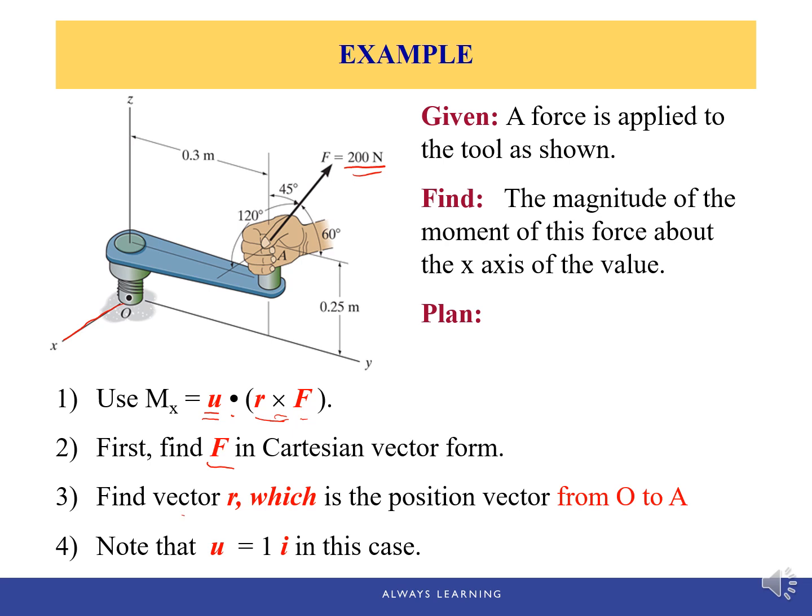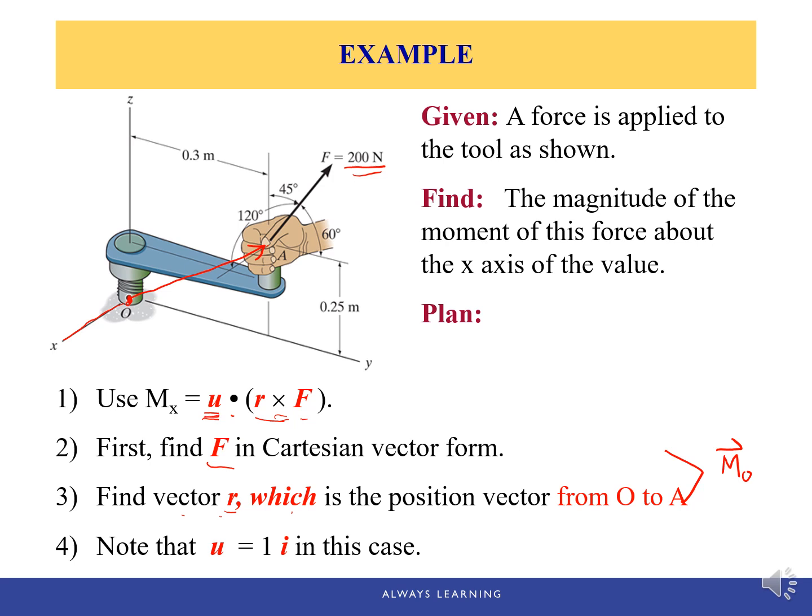We also need to find the position vector from the point O to any point on the line of action of the force, but currently we only know this point A. So for this R, we're going to choose ROA, which means we need to find the moment about a point on the axis. This point is the origin, since point O is at the intersection of the x, y, and z axes, so it's a point on the x-axis. So we find the moment about this point, then we use the dot product.